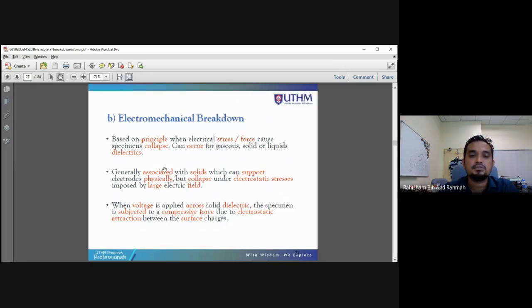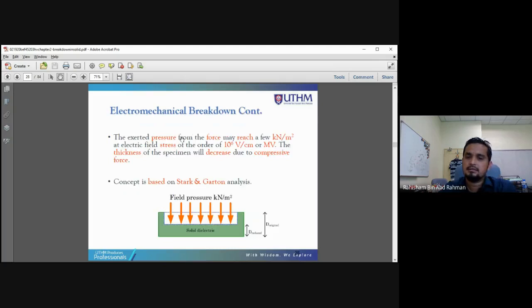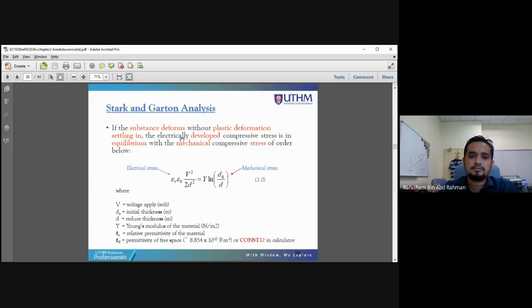This introduces compression, so that solid dielectric material can have displacement in terms of distortion, in terms of size and shape, that may lead to the total failure.